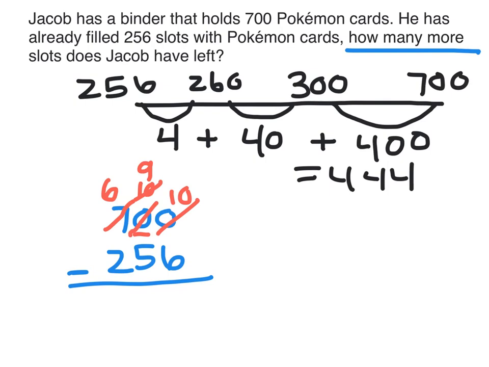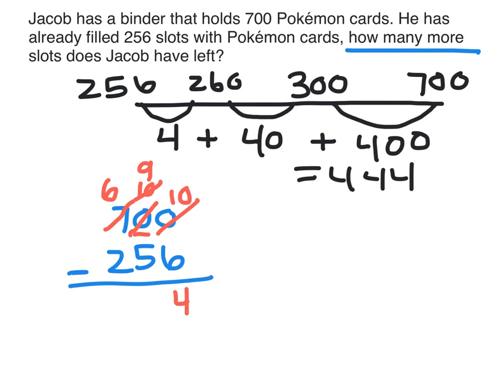All right, now I have everything set up, and I can subtract. I have 10 minus 6. Is that possible now? Yes, it is possible. So 10 minus 6 is the same as 4. Excellent, I solved my ones place value.